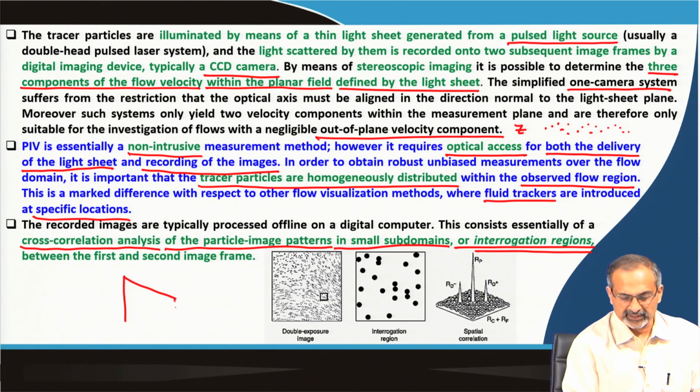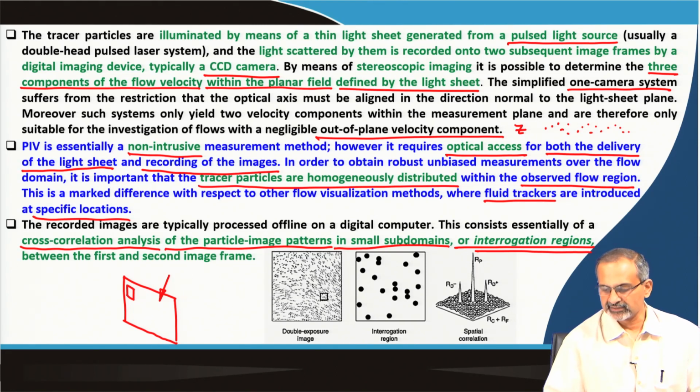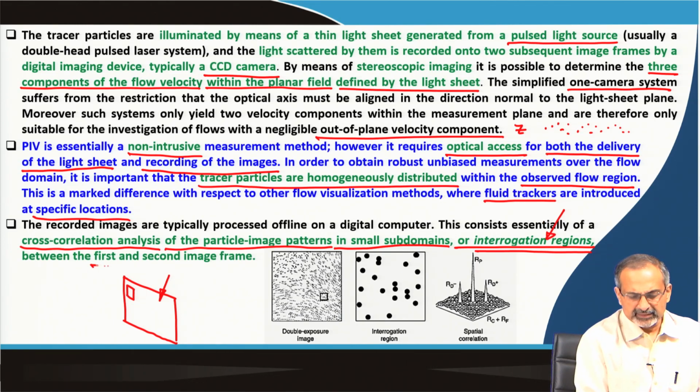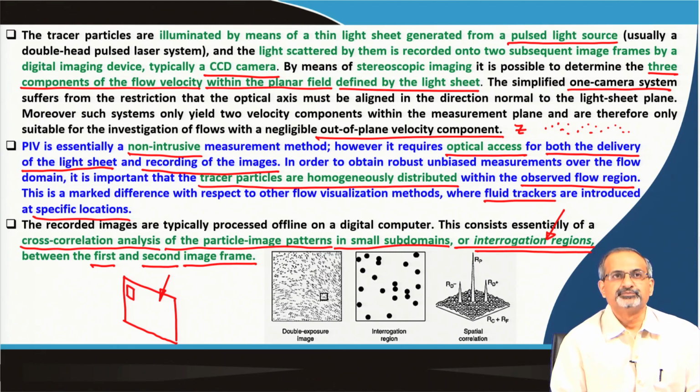If you remember that the camera image had a small region that was an interrogation region, you can imagine that the entire region of visualization by the camera is split into numerous such small regions, which are called interrogation regions or interrogation windows, and they are looked at for the first and the second image frame, and then they are cross correlated. Based on that, the velocity information comes up.